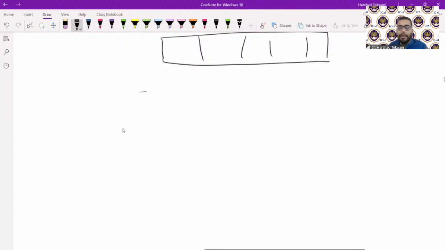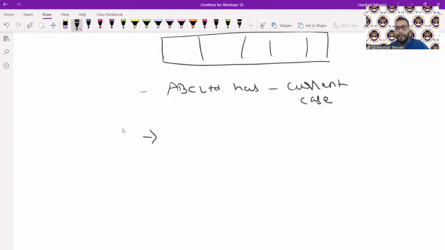Then explain what is in the current case. What has ABC Limited disclosed, whatever was given in the question. Then you analyze where it went wrong, where there is non-compliance.